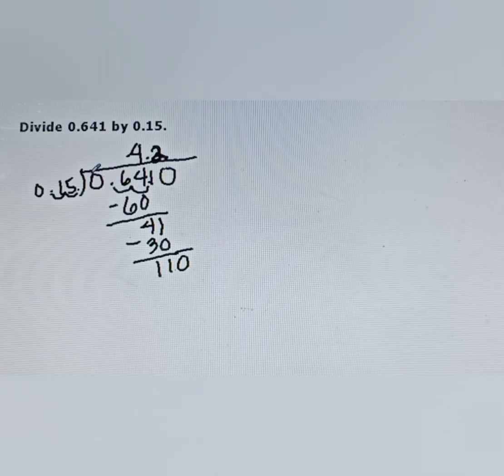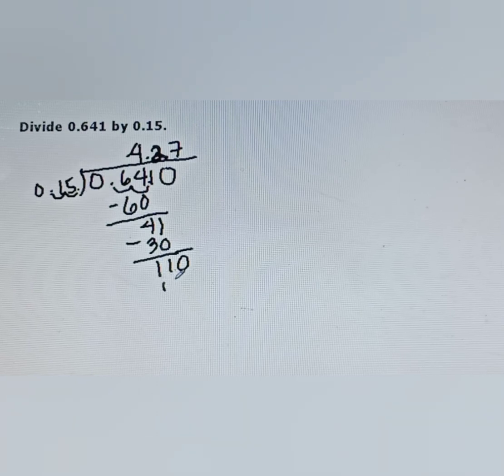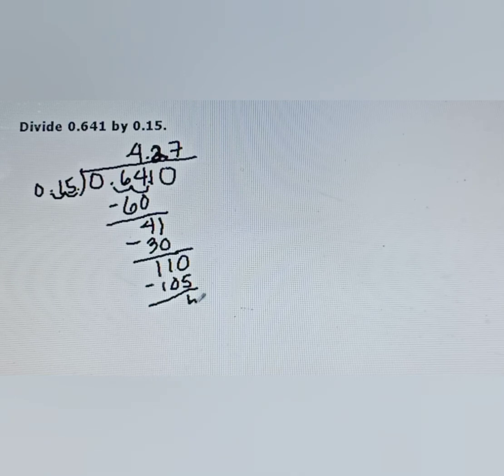So what about 7? Yes, it's 7. That's 105. So let's write a 7 here, because 7 times 15 is 105. Then subtract again. 110 minus 105 is 5.